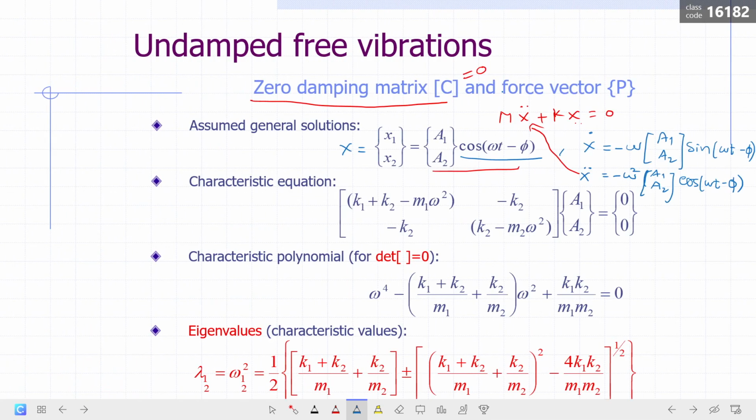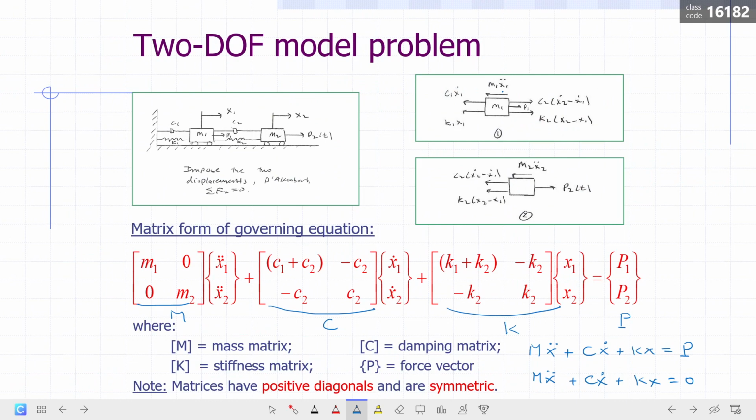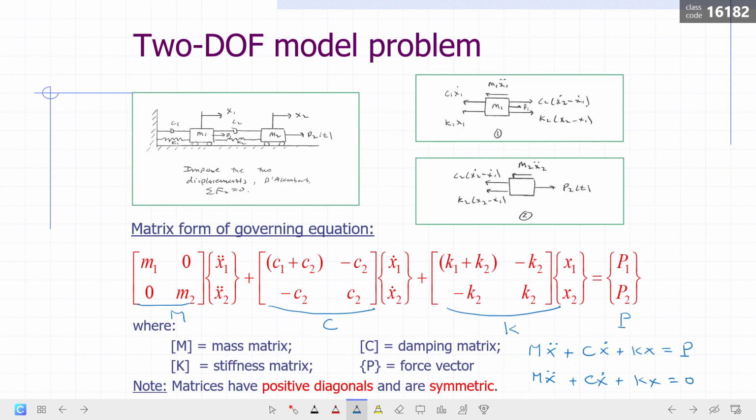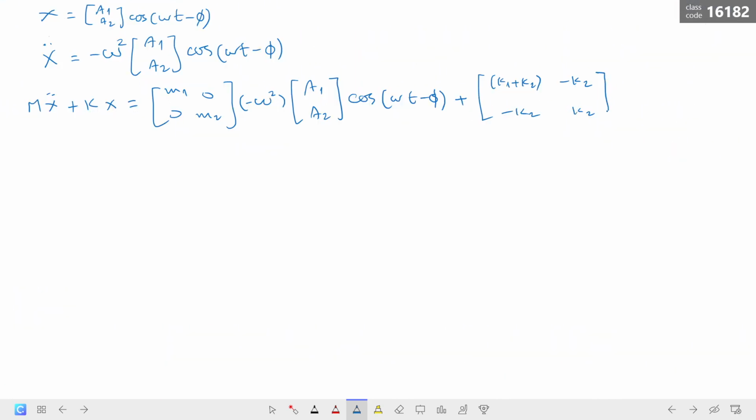What is k? K1 plus k2, minus k2, minus k2, k2, times a1 a2 cosine omega t minus phi equal to 0.